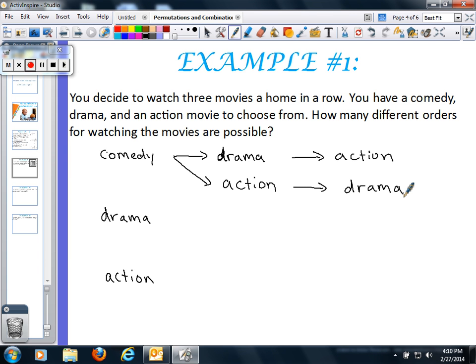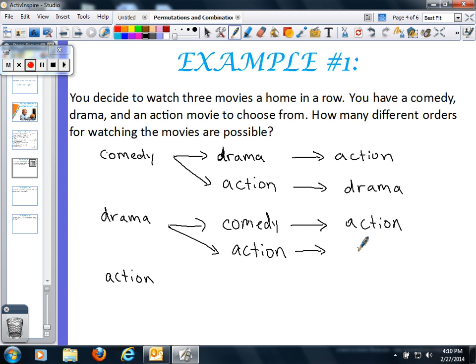Okay? And we're going to do the same thing here. So the first option, let's say we choose a drama. Then I could choose a comedy, or I could choose an action. If I choose a comedy, I'm going to choose an action for the third movie. If I choose an action for the second movie, that means I have to choose a comedy for the third movie.